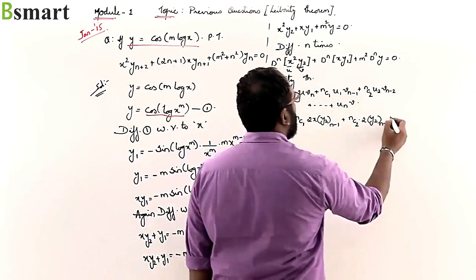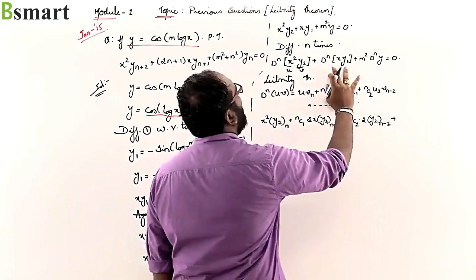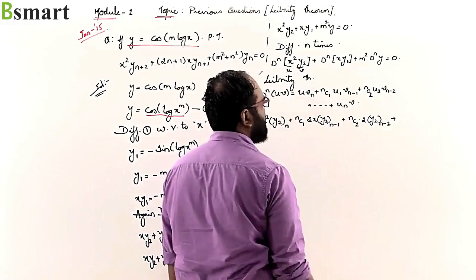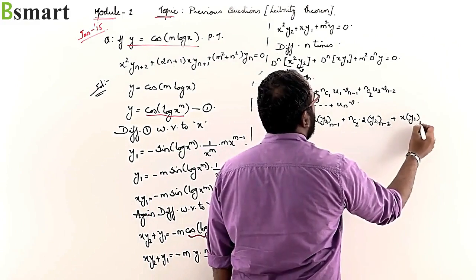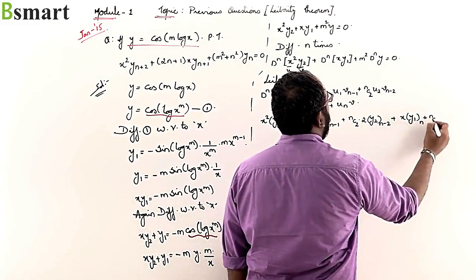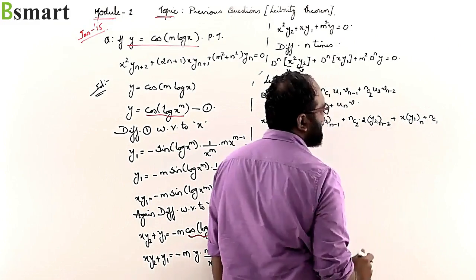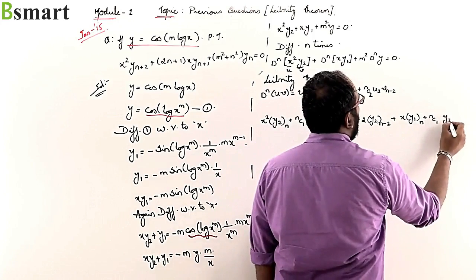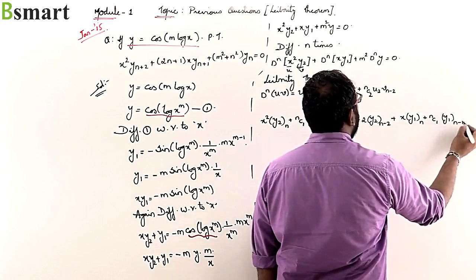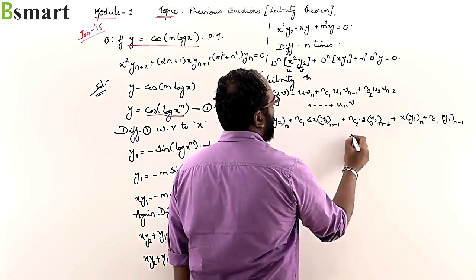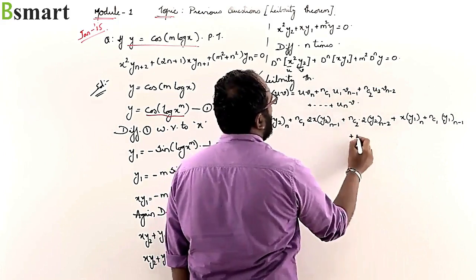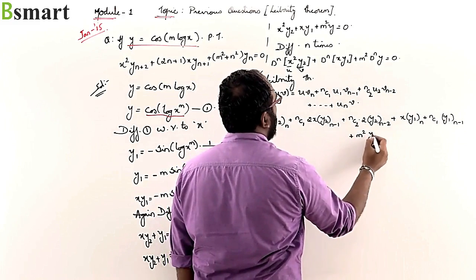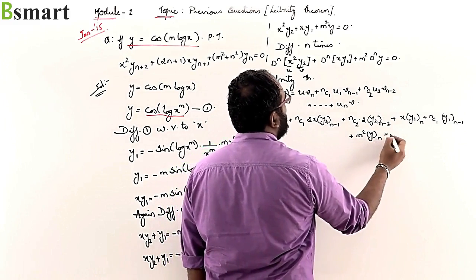Again plus, now again apply Leibniz theorem for this. So that is nx into y1 of nth derivative plus nc1 into derivative of x is 1, y1 of n minus 1th derivative plus, if we go further, that will be zeros. So then m square into y of nth derivative is equals to 0.